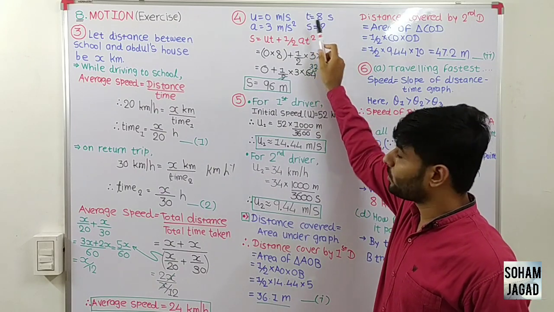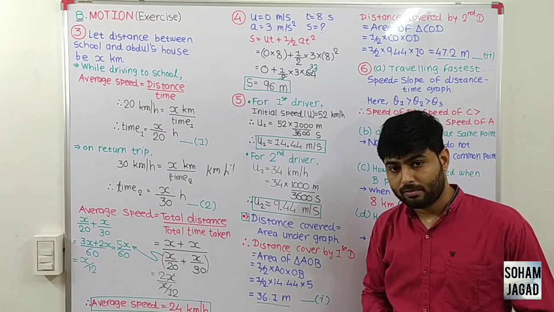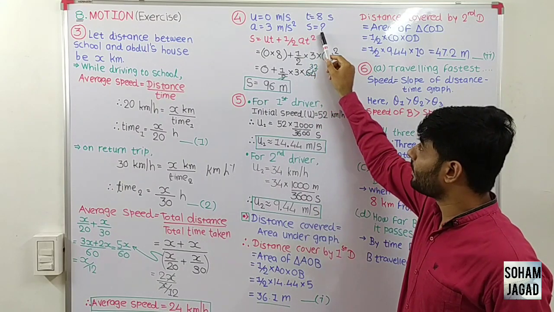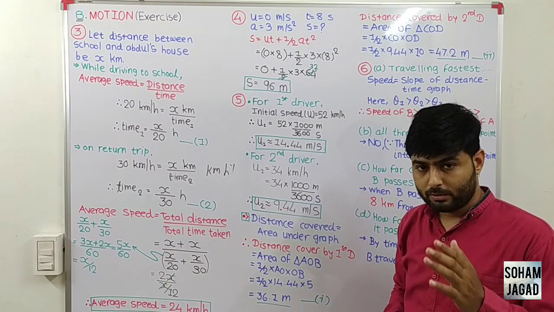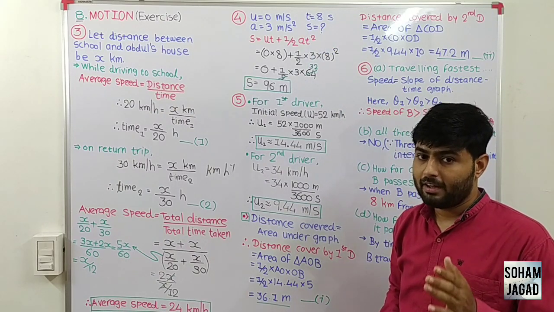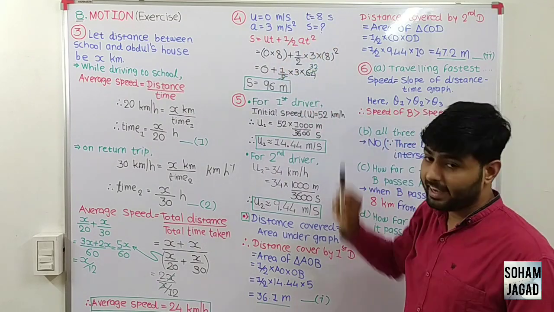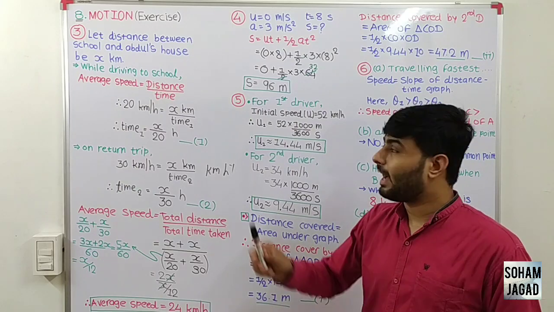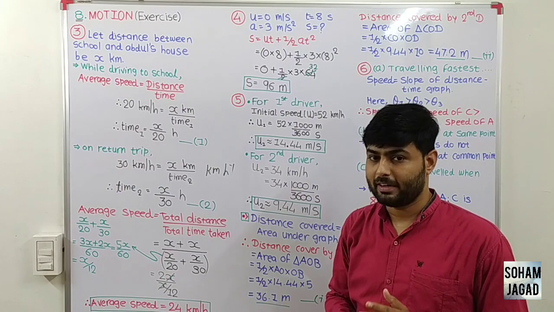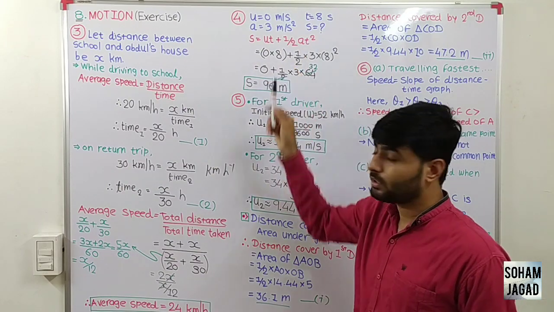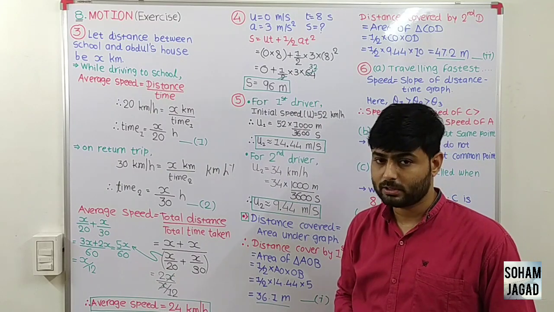For 8 seconds, I write t is equal to 8 seconds, and what we need to find is the distance covered by the boat in this 8 seconds. So we have to think about the formula which contains a, u, t and s. The formula s is equal to ut plus half at square contains these four terms. So I write s is equal to ut plus half at square.